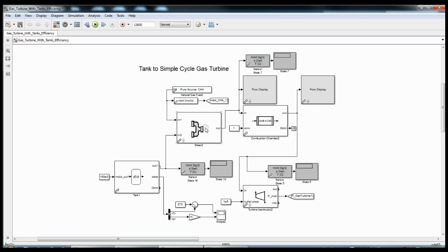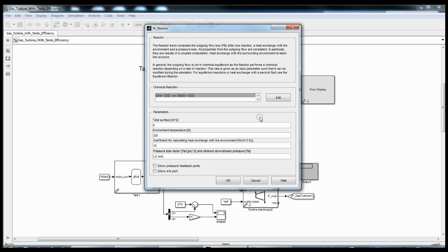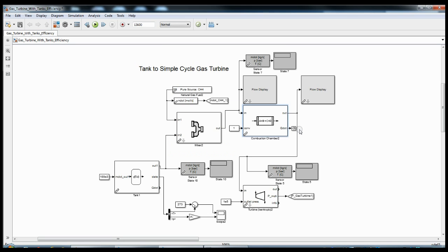Of course there are mechanical limits to the turbine, which are driven by that temperature. After the flow goes from the mixer, it goes into the combustion chamber. Here it's just a simple reaction where methane plus oxygen ends up being water plus CO2.